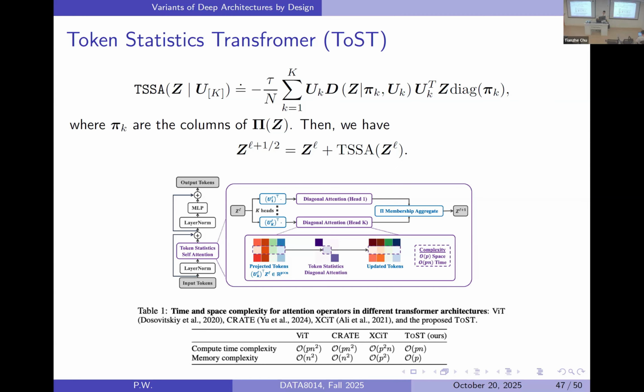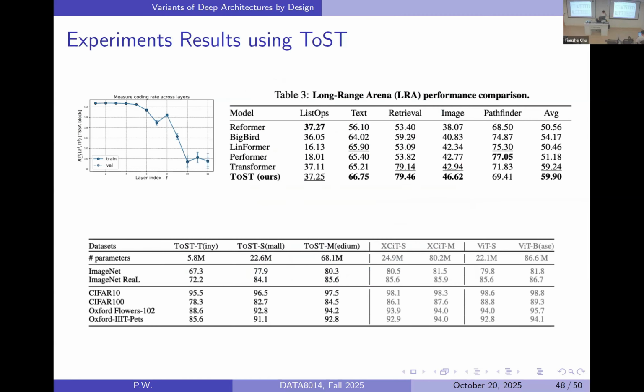We also ran lots of experiments for these transformers. You can see here that although we save a lot of memory, we can still achieve good performance. We compared with other linear time transformers, like Performer, Linformer, Big Bird, and Reformer. At least we can claim comparable performance to other linear time transformers on these different tasks.